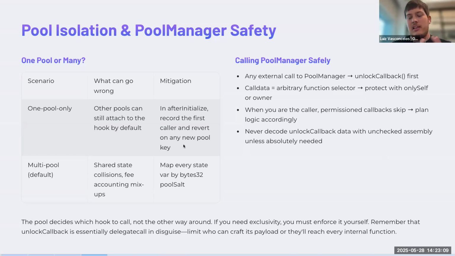So you need to be able to handle this arbitrary data within your callback, and you must be sure that the unlock callback is only called by the pool manager as well. I'm going to show an example of that right away.